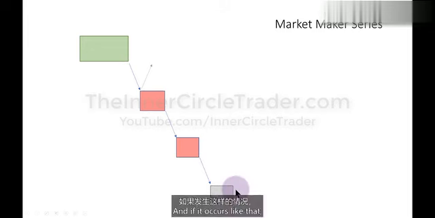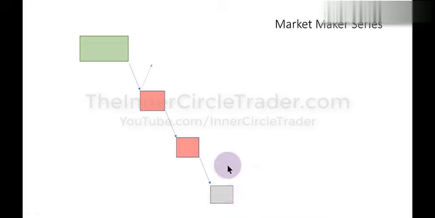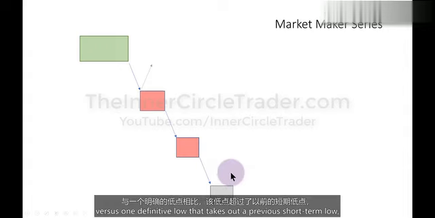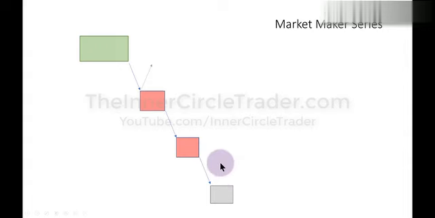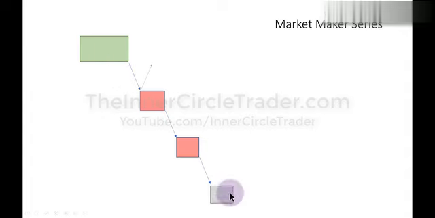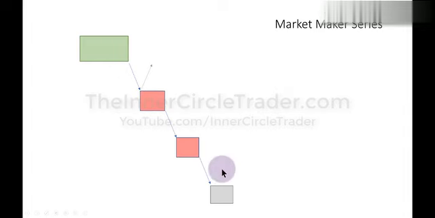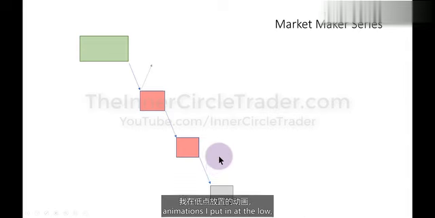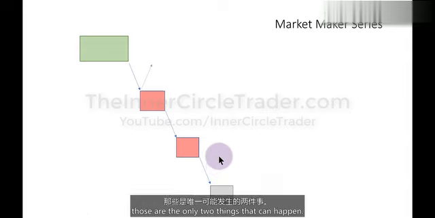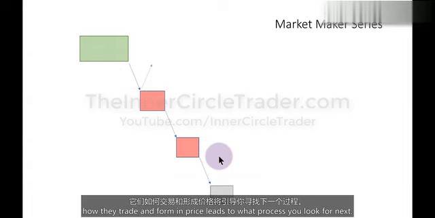And if it occurs like that, again, using the intermarket relationships I mentioned earlier, if it creates a low with a higher low versus one definitive low that takes out a previous short-term low, in other words, the diagram I outlined when it was just that big blue V giving you a rough depiction of a price swing, the little animations I put in at the low, those are the only two things that can happen. That's it. So how they trade and form in price leads to what process you look for next.